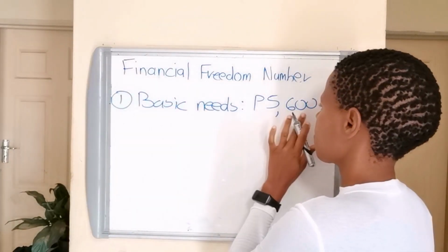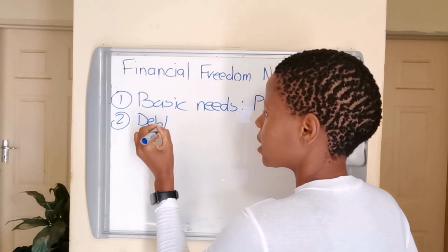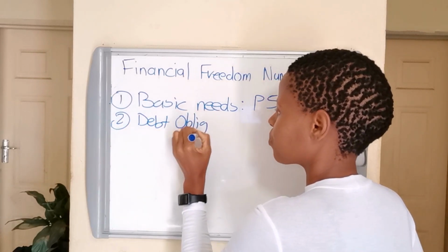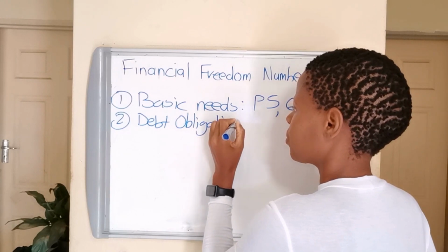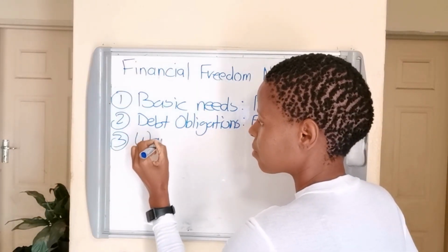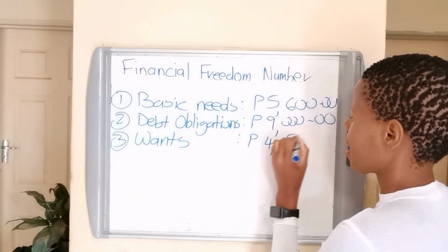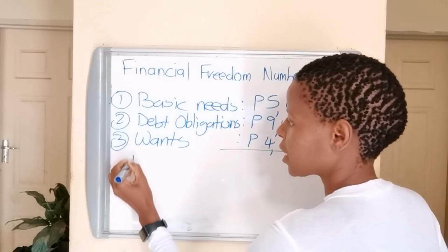Our basic needs, 5,600. Number 2, our debt obligations, 9,000. And then our wants, right? Wants, where are we? We say 4,500. What is our total here?